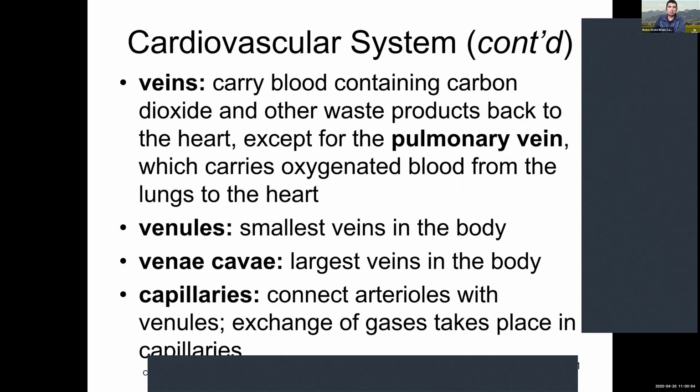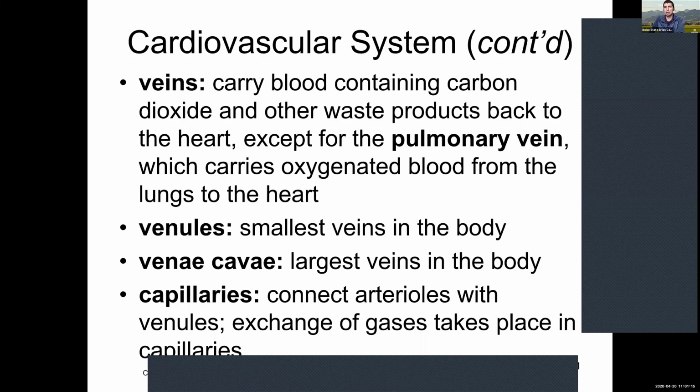Same thing with the venous system. And here there's some notes there. It's all non-oxygenated except for the pulmonary veins. So we've already mentioned that. Venules, just like arterioles, are the smallest veins in the body. And then the vena cava, both superior and inferior, are the largest veins in the body.